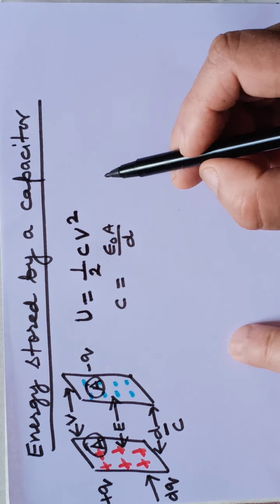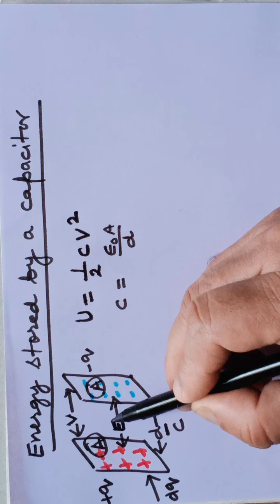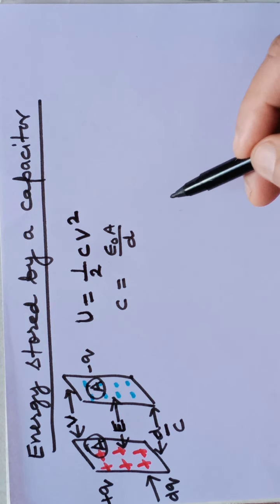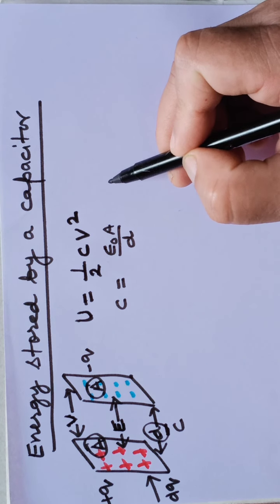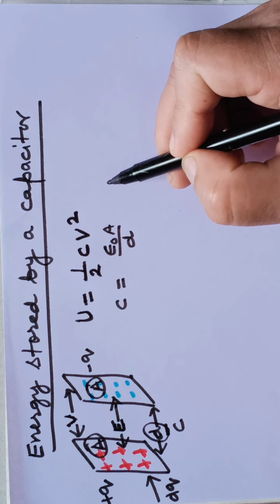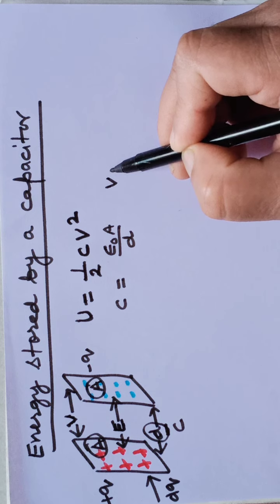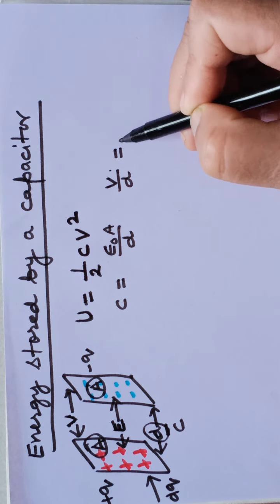And also we have studied the relation between electric field intensity, potential and distance. So the electric field intensity is the negative gradient of potential, and here we are concerned with the magnitude only.